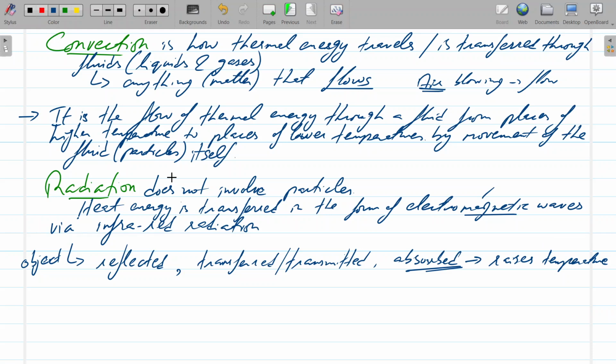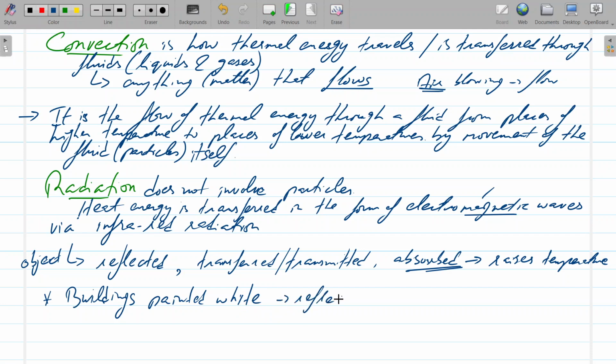So the part that's absorbed raises temperature. And that is one reason why in hot regions buildings are painted a light color, or the best is white, because white paint is very good at reflecting the heat, the radiation.